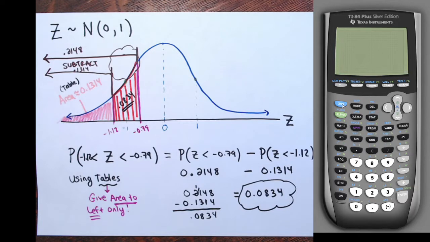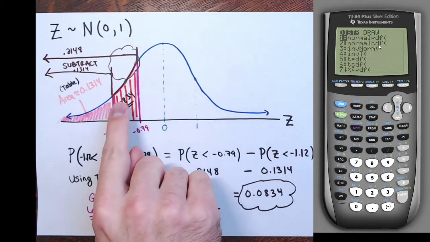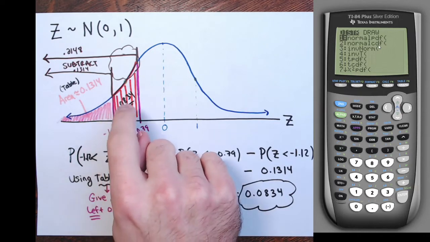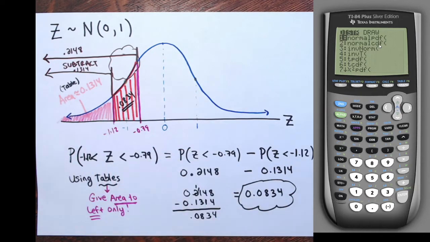So I go second, and then above the vars button is distributions. And now you see right up top, number 1, number 2, there's normalpdf, normalcdf. Now when we're finding area under a curve, we're accumulating area, cumulative. So you can use normalcdf. So I'm going to write this down here.